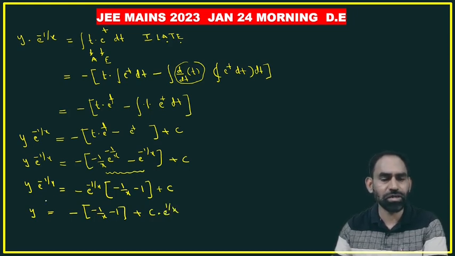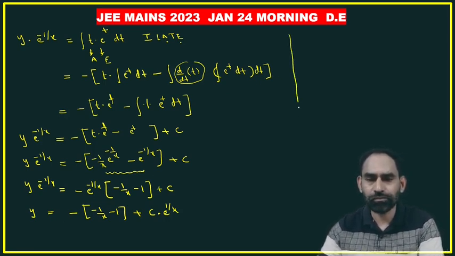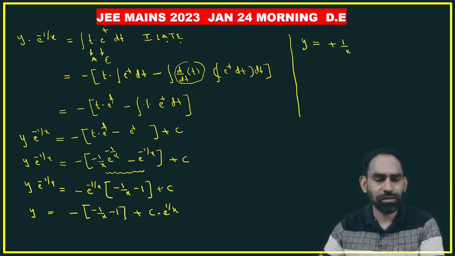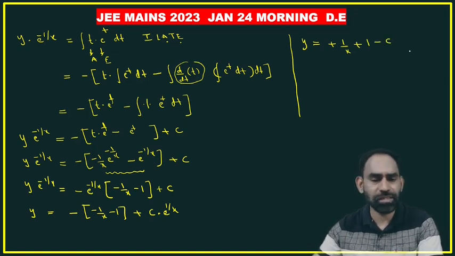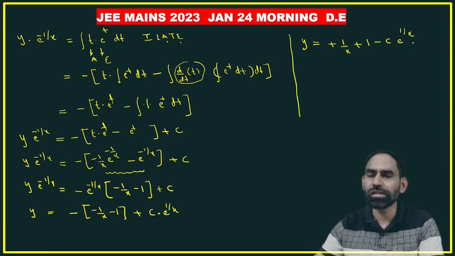Each and every term we are dividing with e power minus 1 by x. So now y equals to minus into minus plus 1 by x plus 1 minus c into e power 1 by x. This is the general solution of the given equation. I am writing equation number 2.